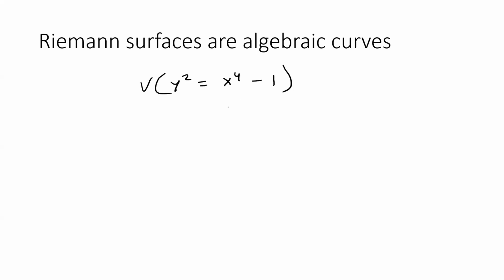And it also turns out that given any compact connected Riemann surface sigma, you can embed it into projective space such that the image of this embedding is going to be an algebraic curve, with singularities. I mean, if you want to embed it in the plane, you have to allow for singularities.